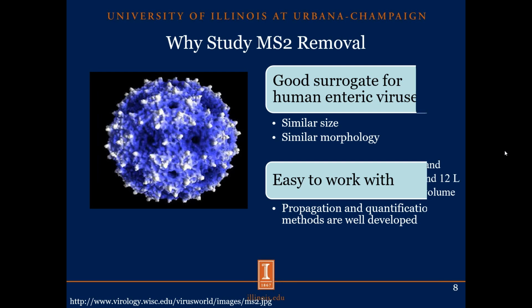Here I show some data from Professor Mark Elliott's work from 2008 comparing bacteria and virus removal in biosand filters. On the left is E. coli removal, and on the right, Professor Elliott compares the removal of 3 different viruses.